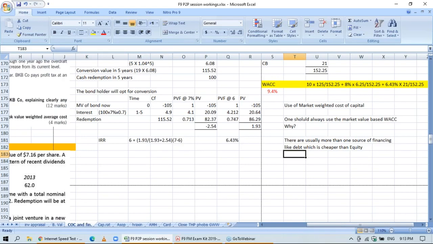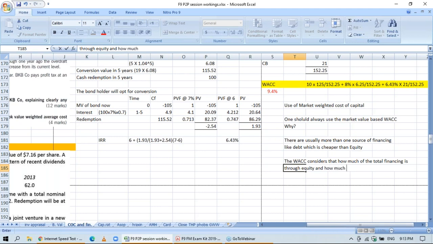So what happens is that the WACC considers how much of the total financing is through equity and how much is from debt.